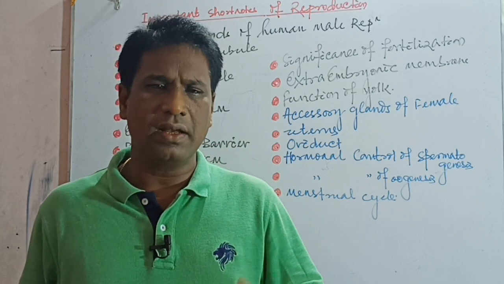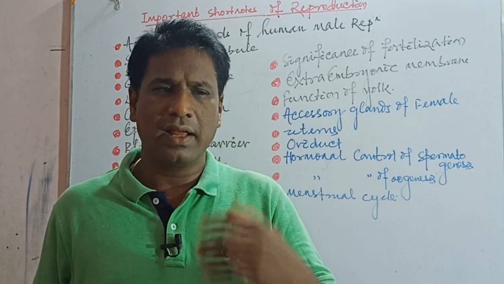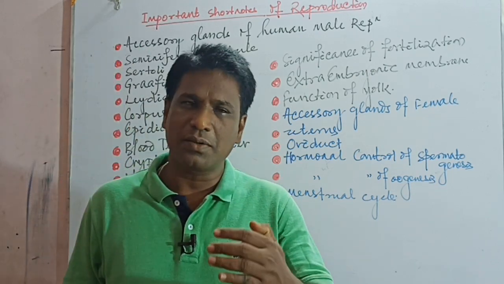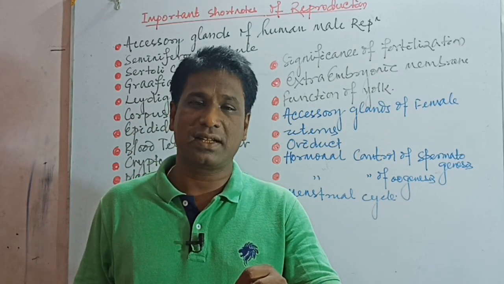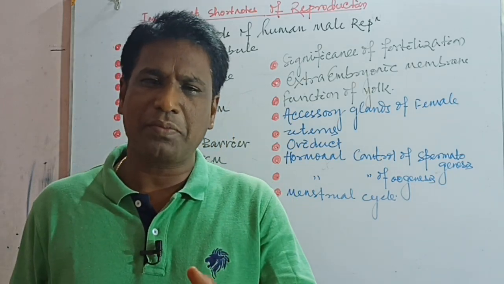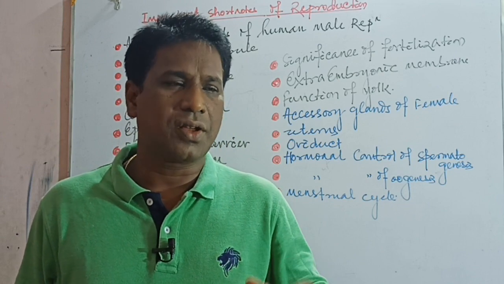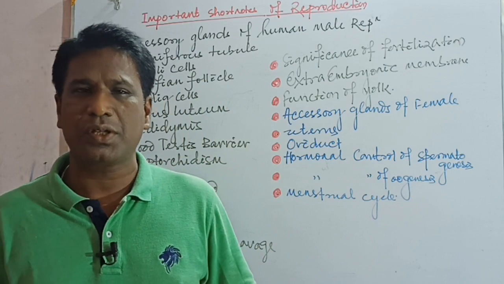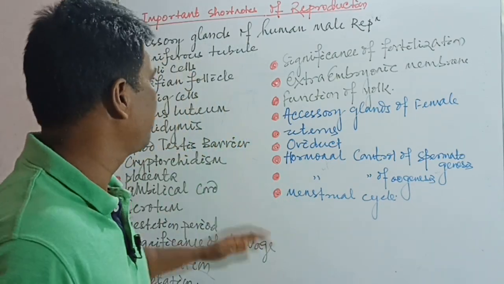Externally, it is bounded by a layer of membrane called tunica propria. Just below the tunica propria, the germinal epithelium is present. Among the germinal epithelium, some larger cells are present, the Sertoli cells, and the germinal epithelium undergoes repeated mitotic division to produce spermatozoa. That is why it is called the functional unit of the testis.